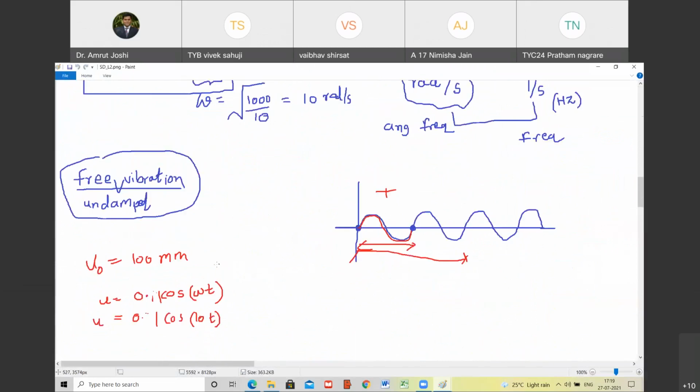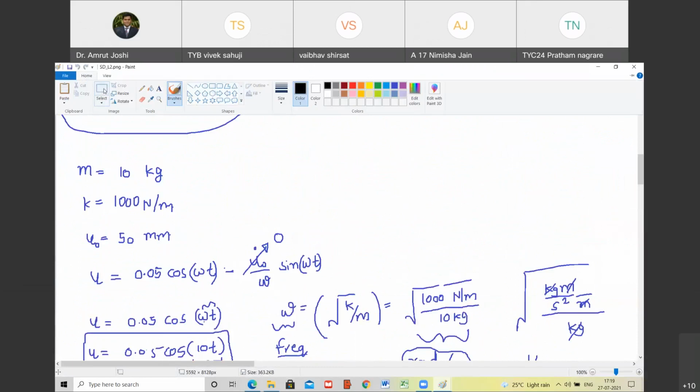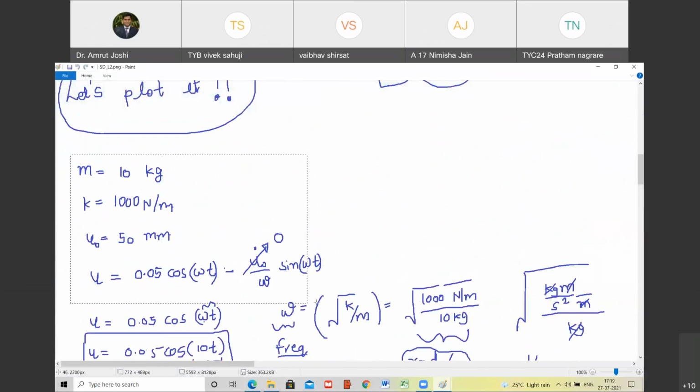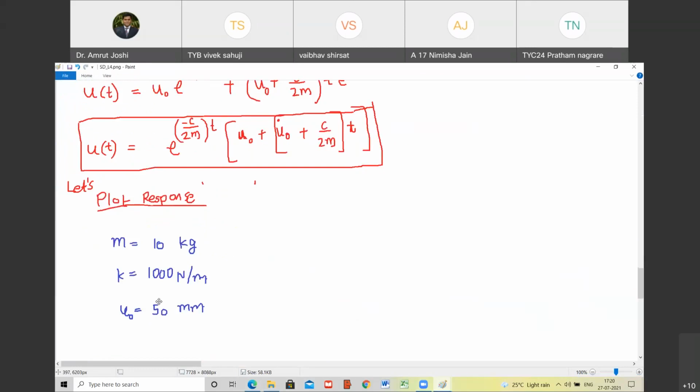Yes, in this we had taken an example where we considered mass equal to 10 kg, K equal to 1000 Newton per meter. So the same thing I am going to consider here: mass equal to 10 kg, K equal to 1000 Newton per meter, U0 equal to 50 mm, and U0 dot equal to 0.